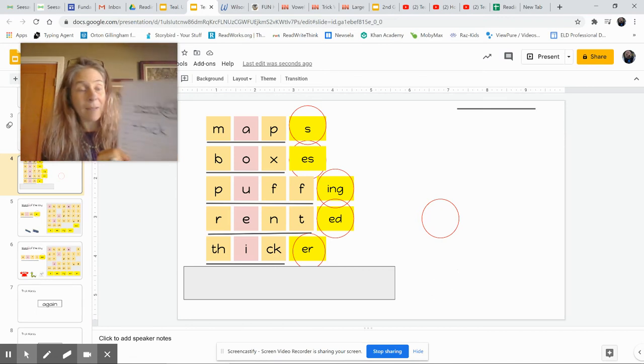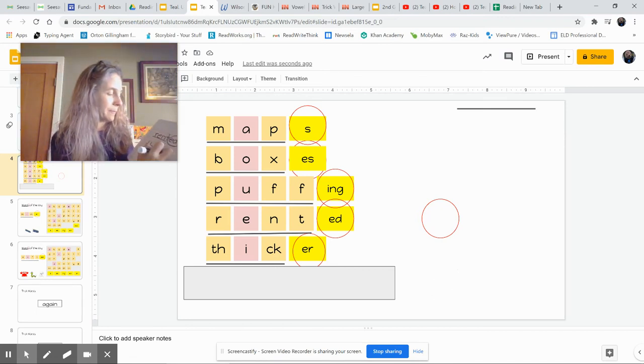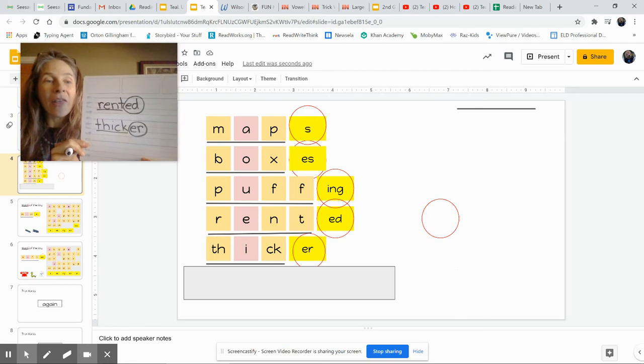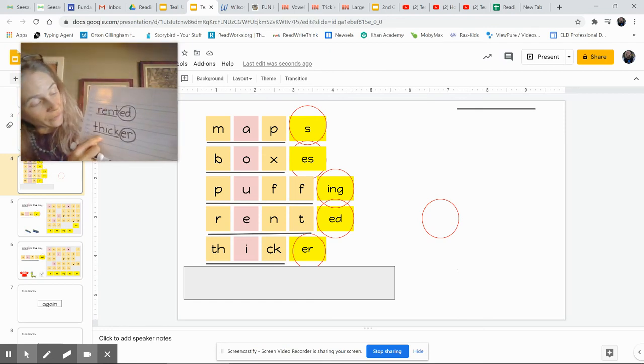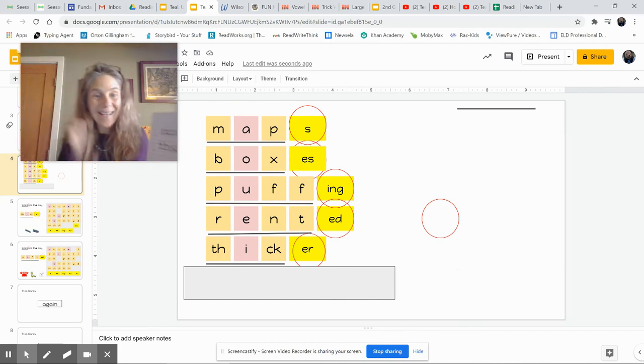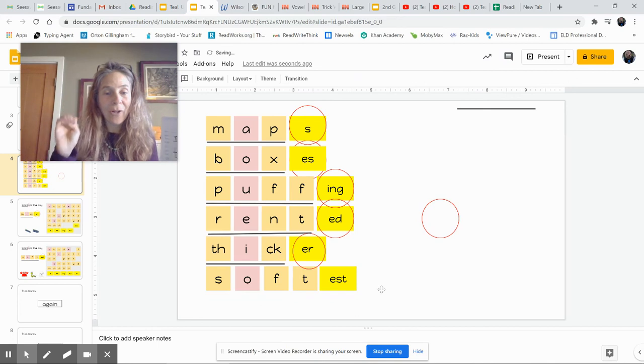And now I'm going to add my suffix, er. Okay, ready to see mine? There you go. Thicker. So make sure you've got those 2 digraphs there and then our ER suffix. Right. And now let's take a look at our last word.